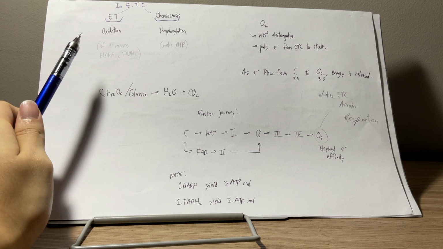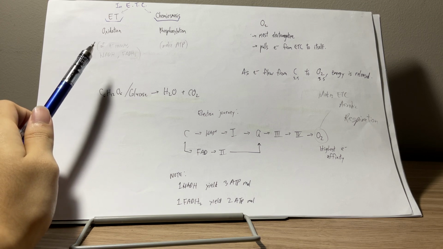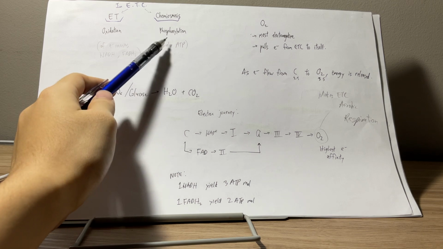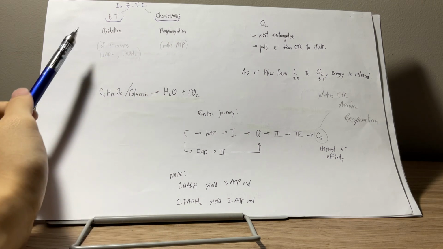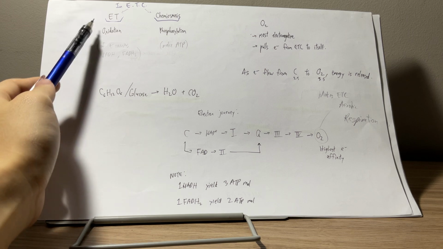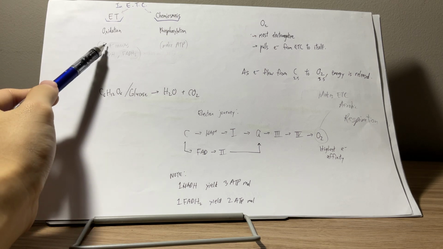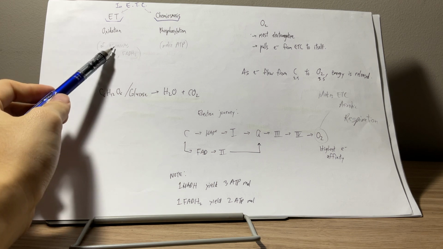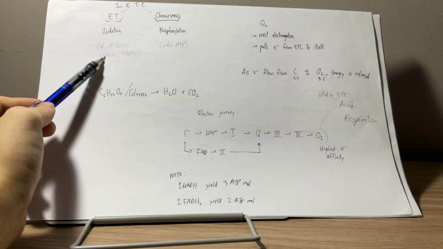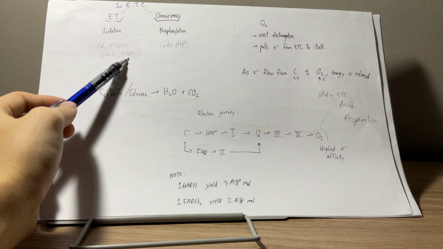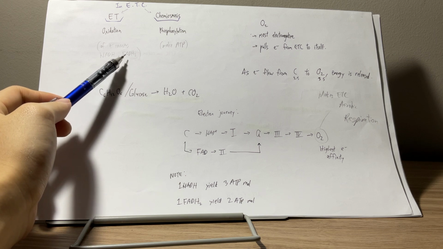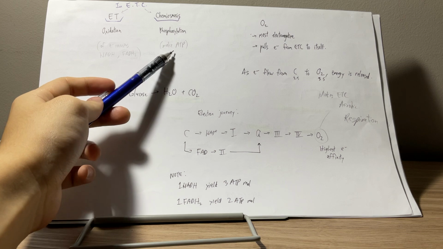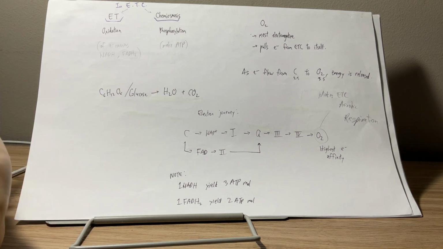I'm just not sure how to explain it properly. In chemiosmosis, we have phosphorylation. This is where ATP is created. Through the electron transport's role, these electron carriers transfer the electrons so that ATP generation would be triggered.